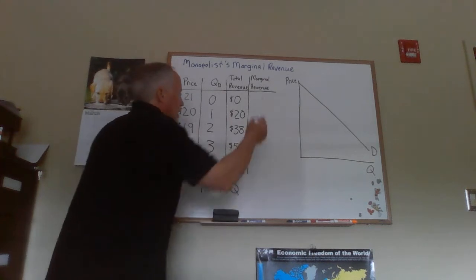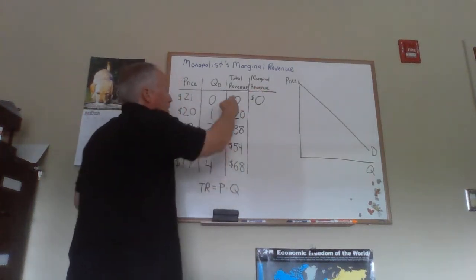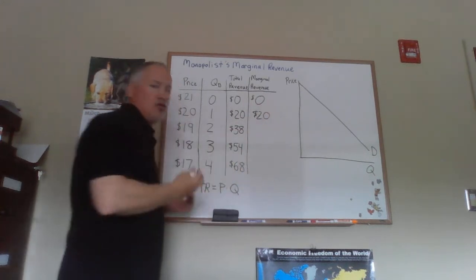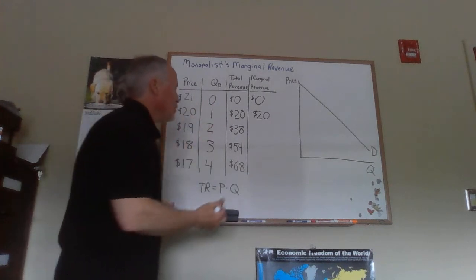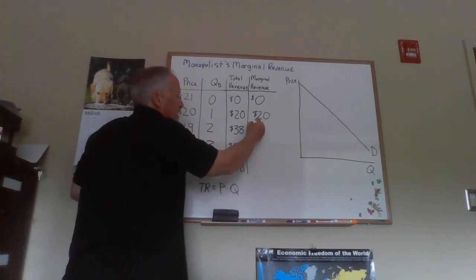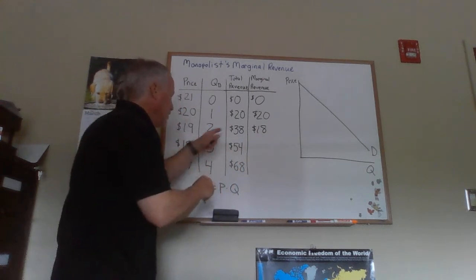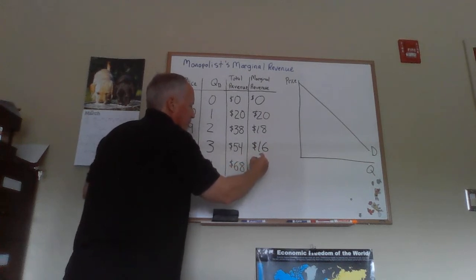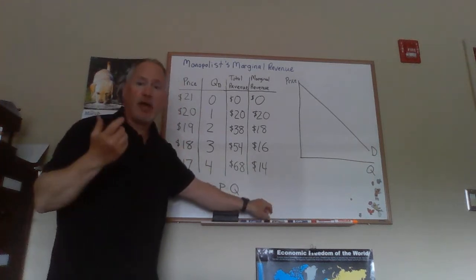So at quantity 0, the marginal revenue is 0, and then it goes from 0 to 20, so we have 20 for the first unit. Then it goes from 20 to 18. Again, all you have to do is take these differences. That's 18. Then it goes from 38 to 54, which gives us 16, and then we have 14 here.